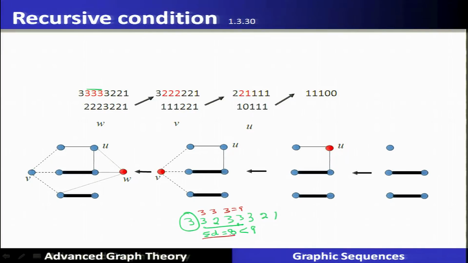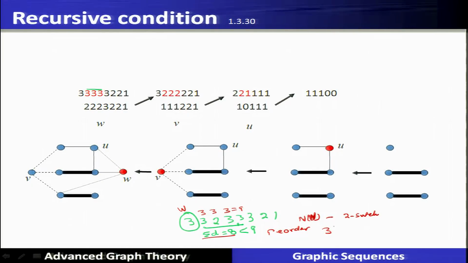In any case, if the degree sum is less than that of some other vertices which are not present in N of W, the neighbors of W, then we have to apply the 2 switch operation, and that is why we have to call it reorder every time.